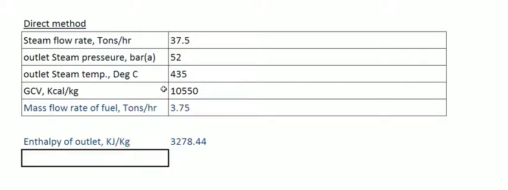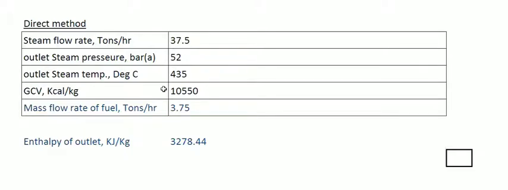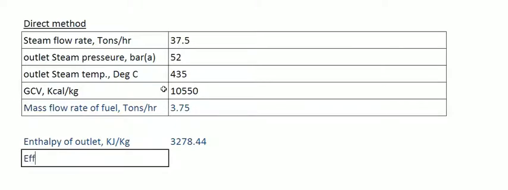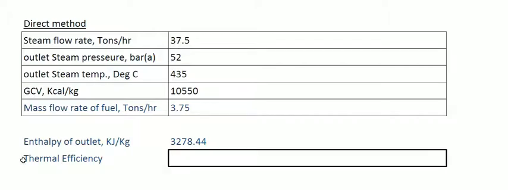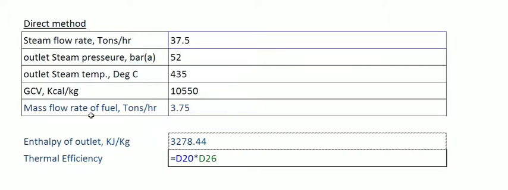So thermal efficiency of the boiler is equal to mass flow rate of steam into the enthalpy of the steam. It is in kilojoule per kg, and the fuel calorific value is in kilocalorie per kg, so we want to take care.